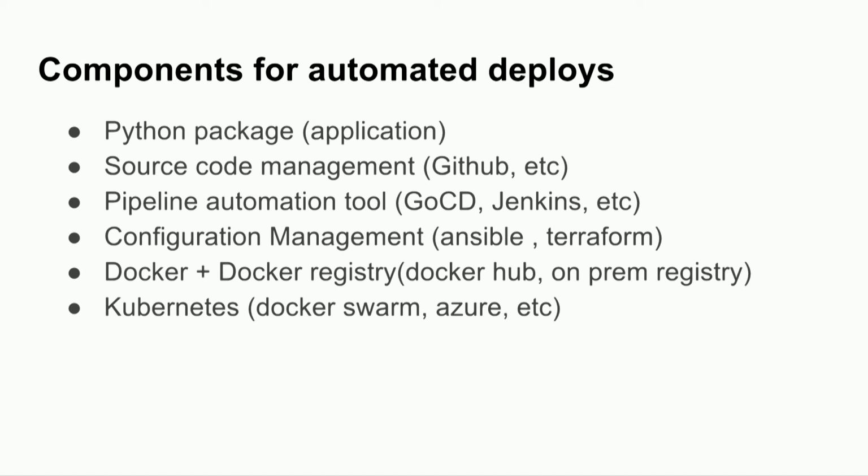We use configuration management tools like Ansible and Terraform. Right now, we're actually trying to Terraform GoCD, which is kind of interesting project. Jenkins, I think Terraform doesn't have it, but you can try to.